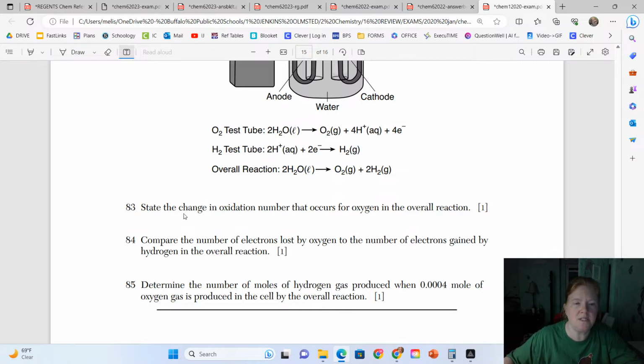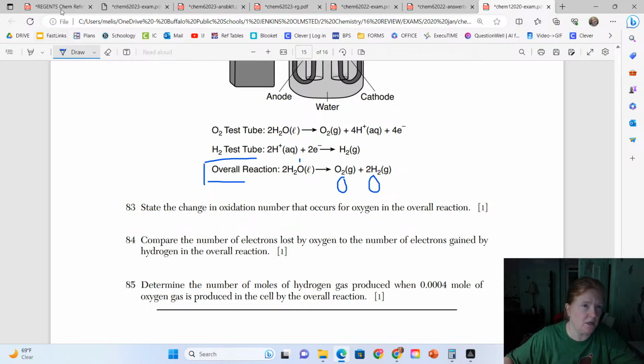So state the change in oxidation number that occurs for oxygen in the overall reaction. So I need to look here, right? Remember, single element, 0, single element, 0. This oxygen is in a compound.